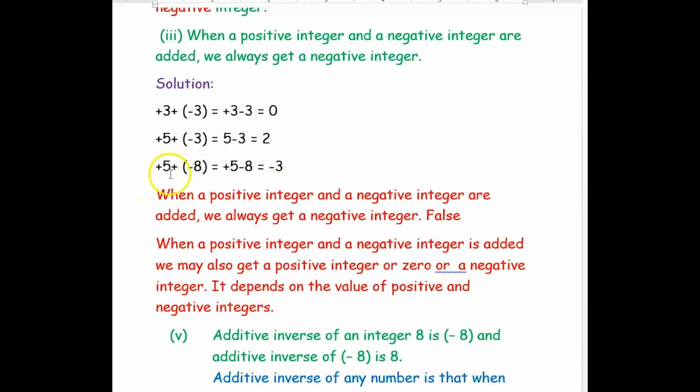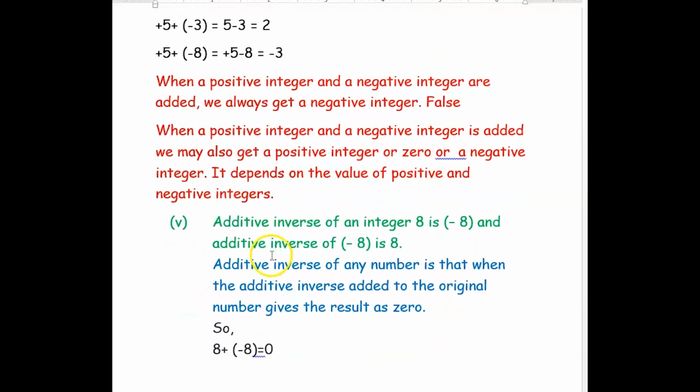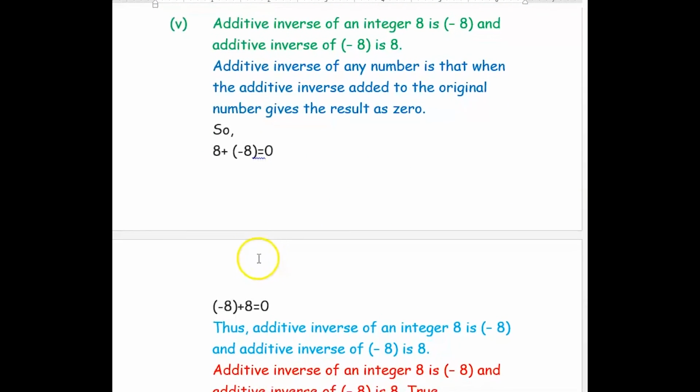Suppose the number is positive 5 and we are adding negative 8, you will get plus 5 minus 8, which is negative 3. So the statement says when a positive integer and a negative integer are added, we always get a negative integer. So it is false. We may get either 0 or a positive integer or a negative integer. It depends upon the values of the positive and negative integers, so we cannot decide it.